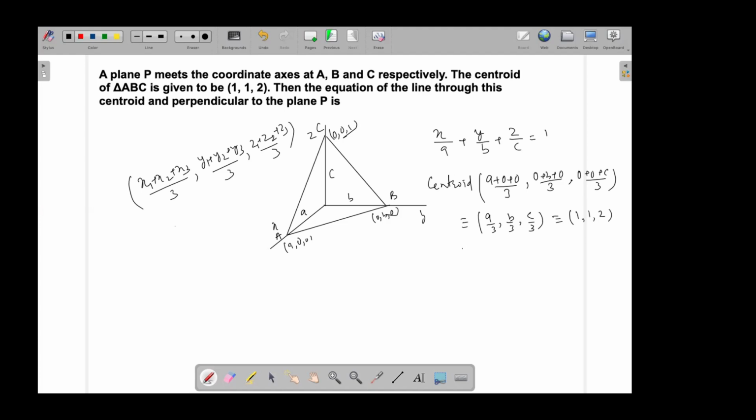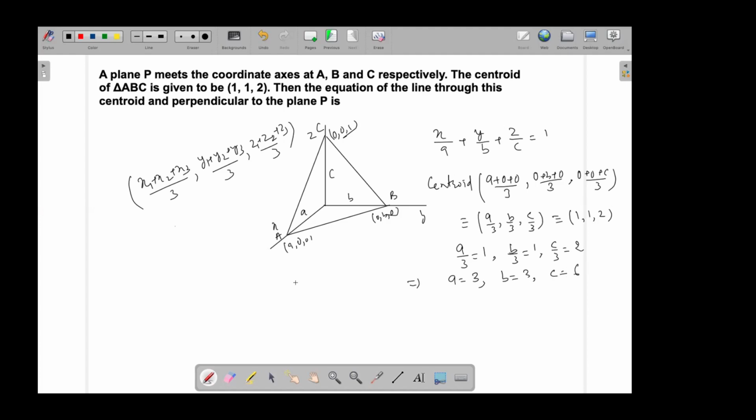So I can say that A by 3 is equal to 1, B by 3 is equal to 1, and C by 3 is equal to 2. So A is going to be 3, B is again going to be 3, while C is going to be 6.